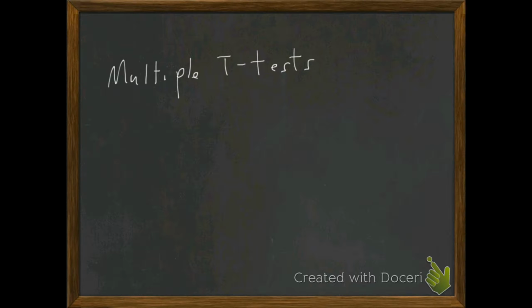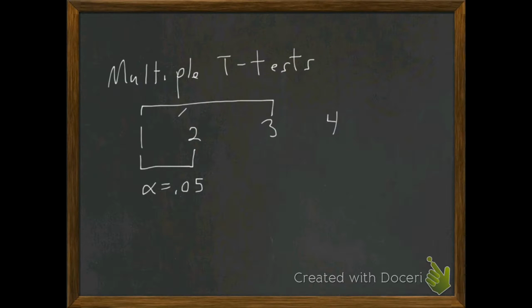If we had 4 groups, when we compare just 1 and 2, we have a 5% chance of committing a type 1 error. If we compare 1 and 3, we have a 5% chance of committing a type 1 error there. Compare these, compare these, compare these.